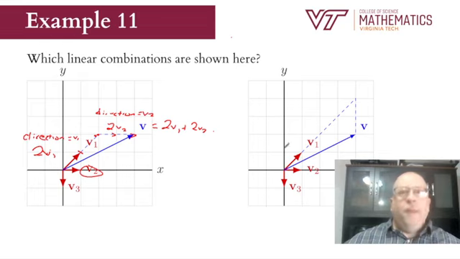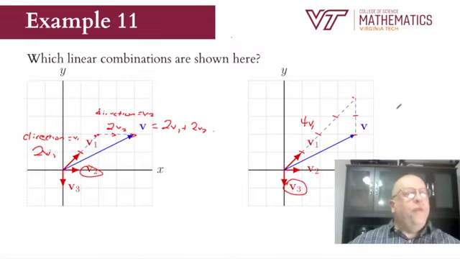Here's another example over here. Our first dotted blue line is in the direction of v1, but it travels 4 times as far as v1 does. So this is 4 times v1. The second blue line doesn't travel in the direction of v2 this time. It travels in the direction of v3, which is downwards, but it travels twice as far as v3 does.